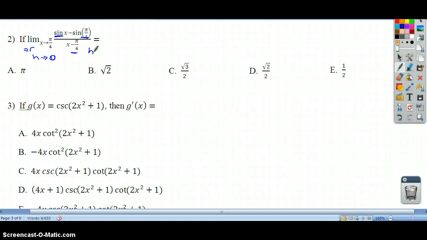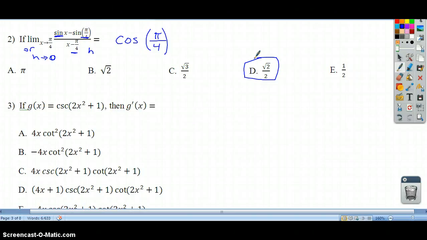We're not going to try to evaluate this crazy thing. We know that this is just the cosine evaluated at pi over 4, nothing more, nothing less, because the derivative of sine is cosine. Okay, so you need to recognize that form. Whenever it comes up, they're trying to trick you and make you think you have to do something crazy, but no. So the cosine of pi over 4 is root 2 divided by 2.